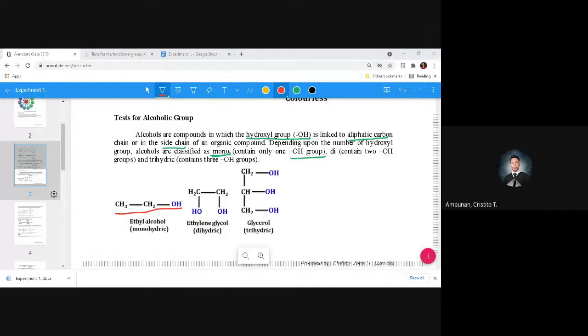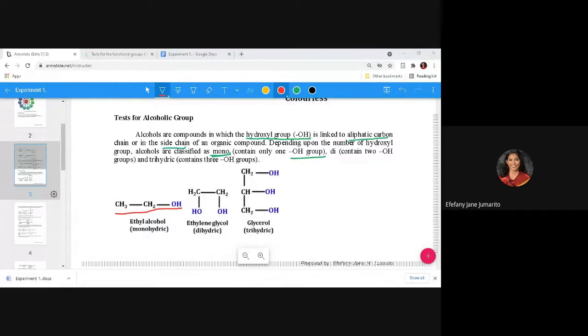Ethyl alcohol. Okay. What about the nomenclature? Who else? What is the name of that compound?